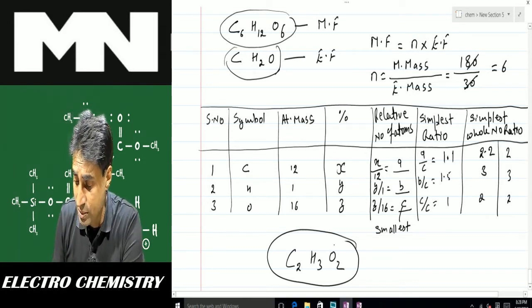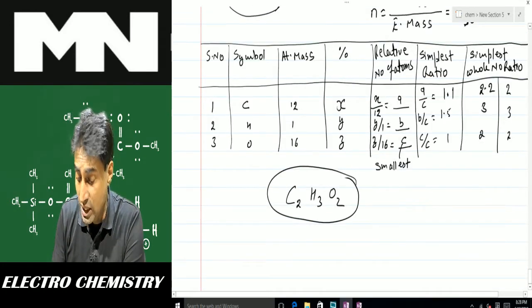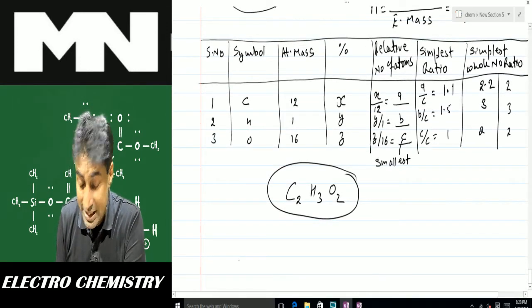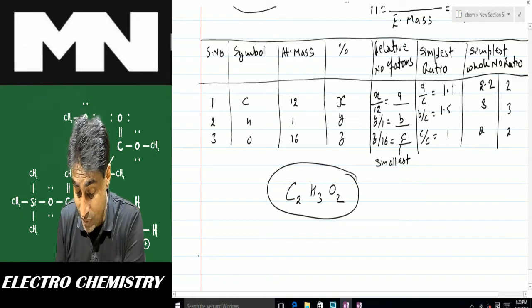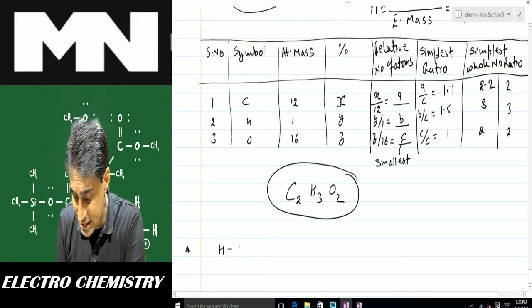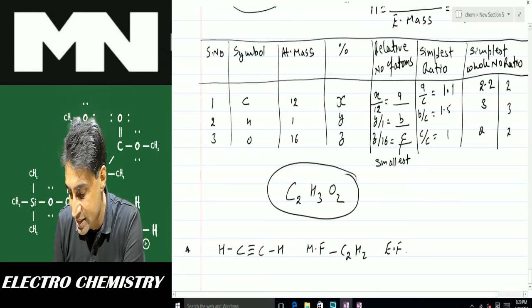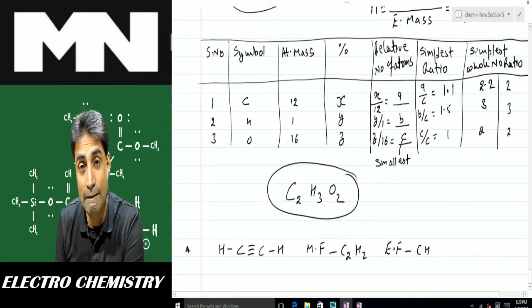I'll give you one example for this. A question is given in your textbook where it has been stated that there is a welding fuel gas. I tell you the molecular formula of the welding fuel gas, that is actually acetylene. Its molecular formula is C2H2, and as you can see, its empirical formula is CH.